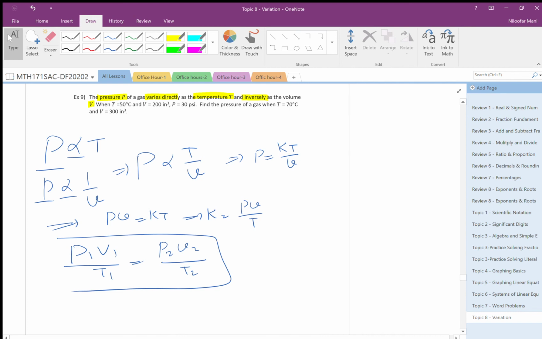So T 50, V 200, P 30, equals P2, T 70, V 300. Yes, 70 is in the denominator, 70, 300. Okay, find the answer.